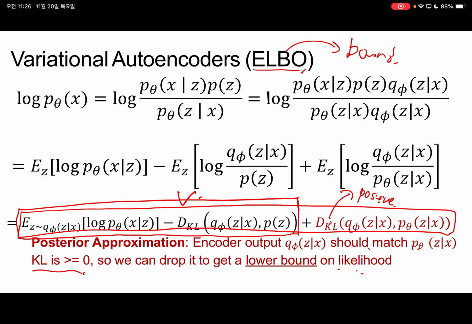In the worst case, this might be 0, right? In a good case, this might be some positive value, right? So in any case, we can get a lower bound of our P(x), right? The lower bound is making this one 0, right? P(x) should always be equal or larger than this one.